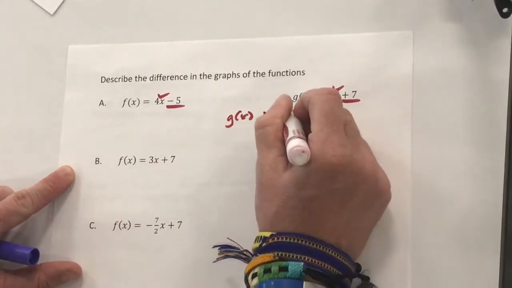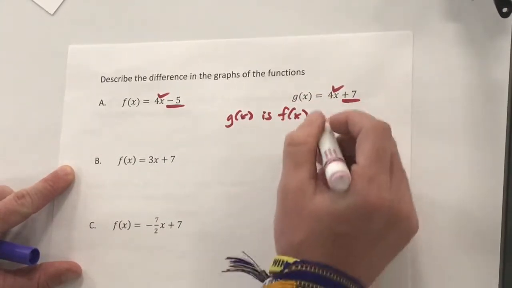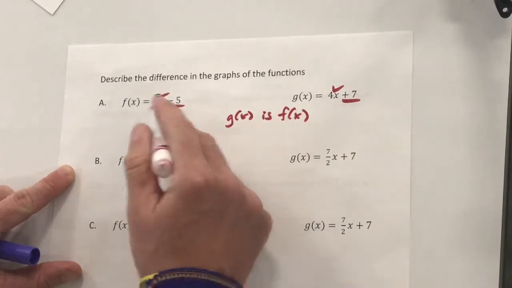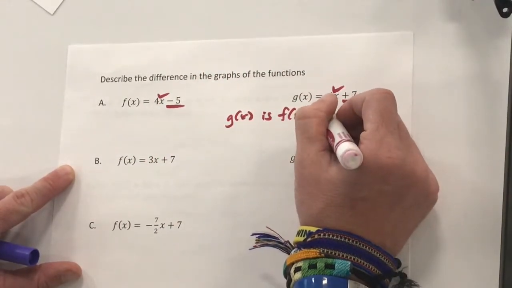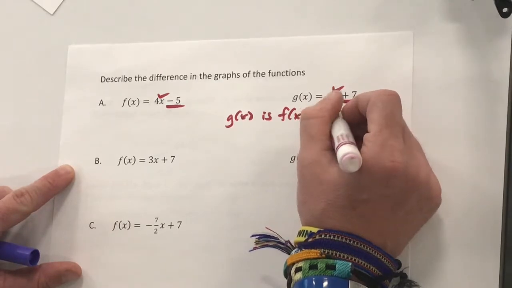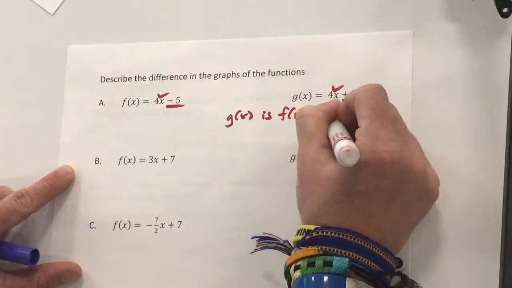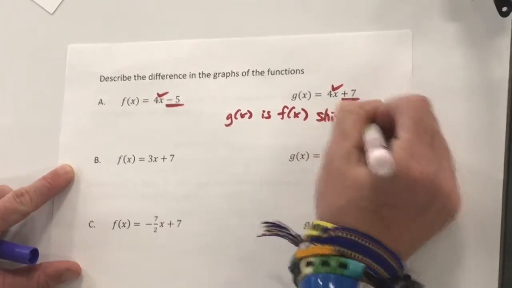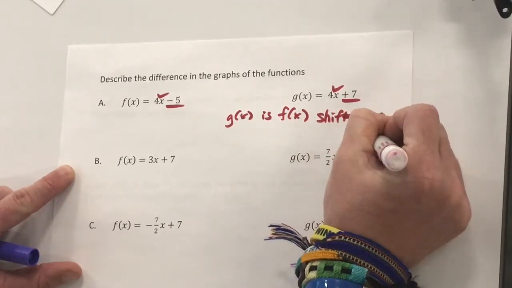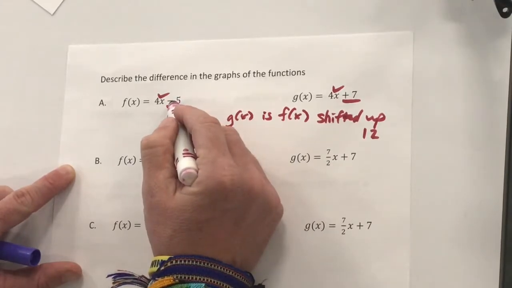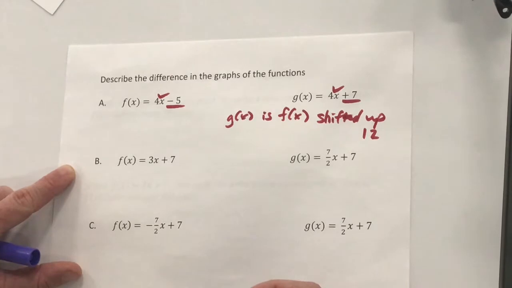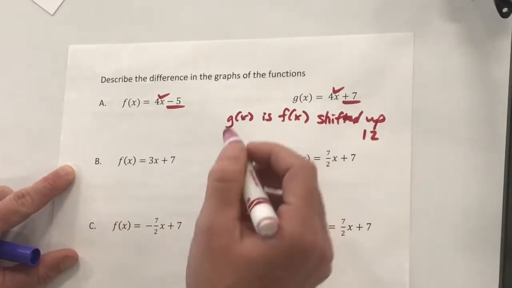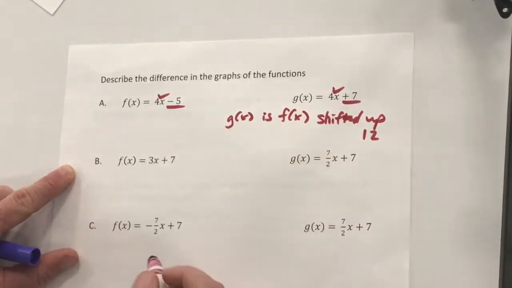So g of x is f of x, but we've bumped it up and vertically shifted it up 12, because we went from a y-intercept of -5 to 7. So we've shifted up 12 from f of x.